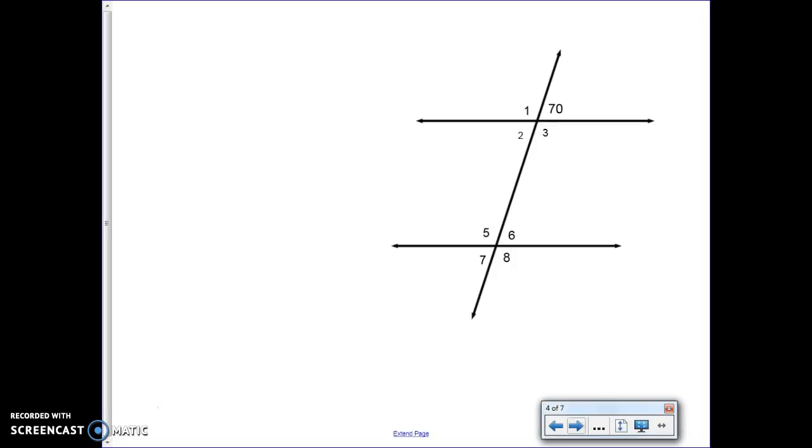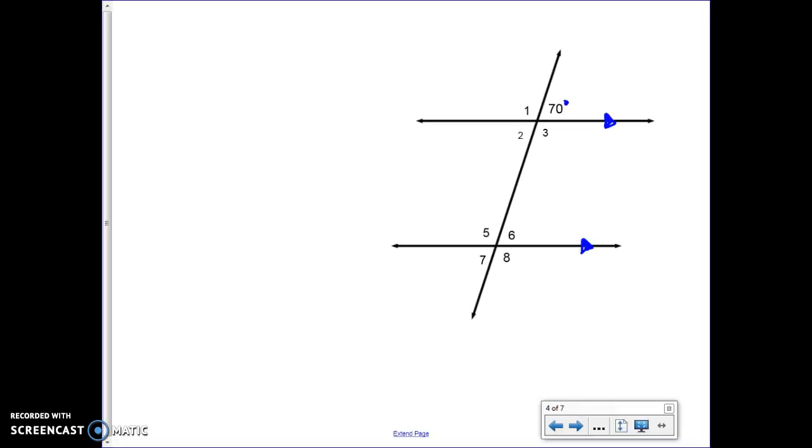So the next thing I want you to try is we're going to assume that this line is parallel to this line. And I can see that it looks like it's probably angle 4, since it's not labeled, is 70 degrees.